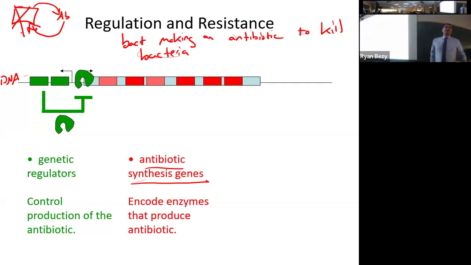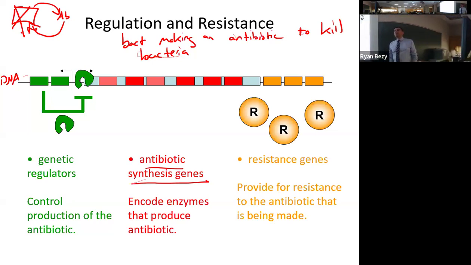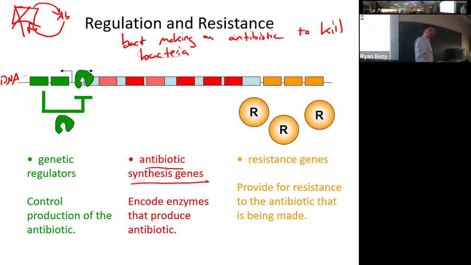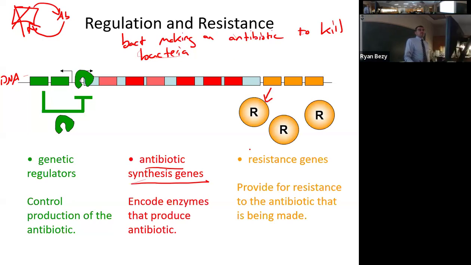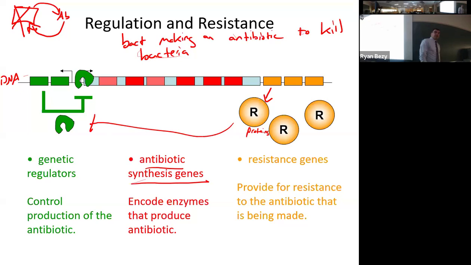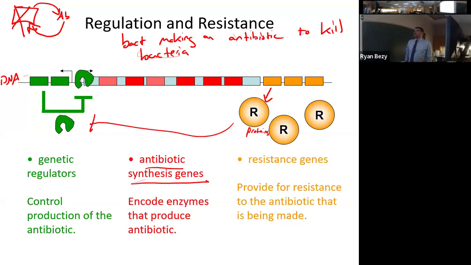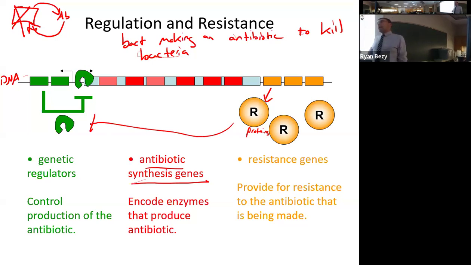And that's why typically antibiotic producers also encode somewhere in their genome resistance genes. These resistance genes, again, these are the DNA sequences, they make resistance proteins. And those proteins block the activity of the antibiotic and they protect the cell from that antibiotic. So these antibiotic producers, they're making antibiotics, but they're typically also making some kind of enzyme that protects themselves from their own antibiotic in many cases.